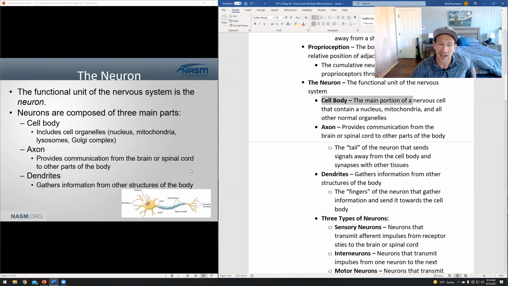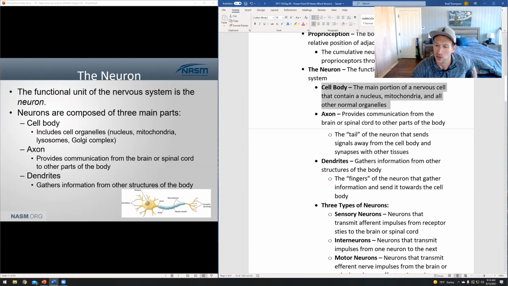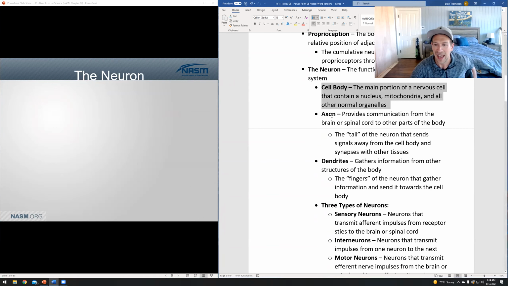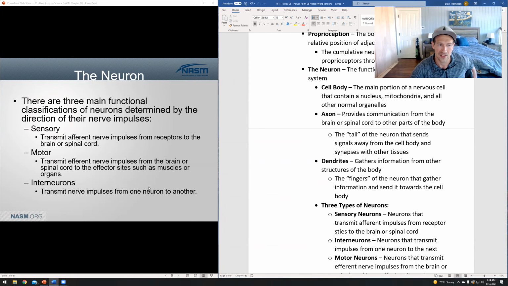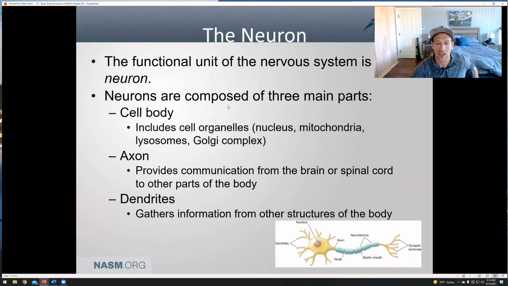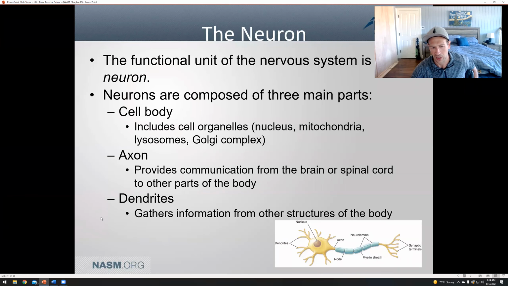So the cell body is the main portion of the cell. It's going to have all the normal organelles that you would see in any classic animal cell, but it's going to have some special sections as well. Like the axon is the tail. This is the communication from the brain and the spinal cord. The tail of the neuron is sending information away. So information would come in, let's say I've got another neuron over here, right?